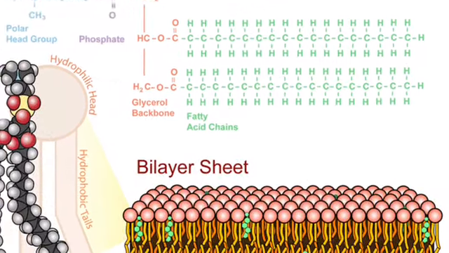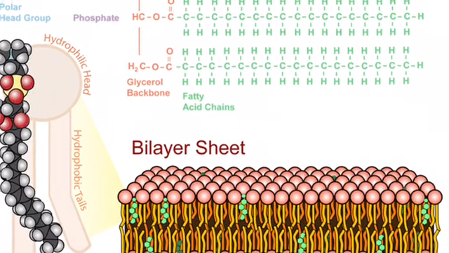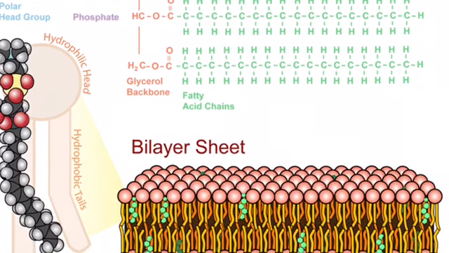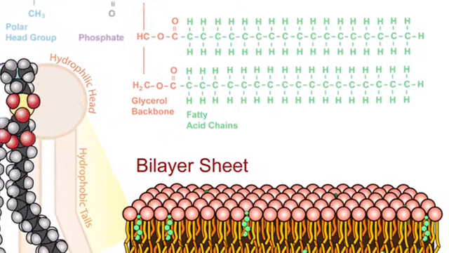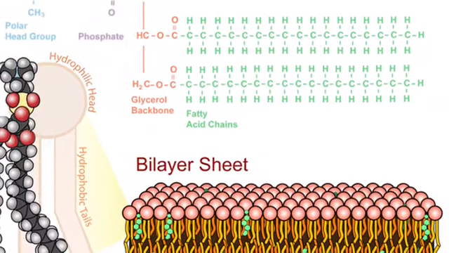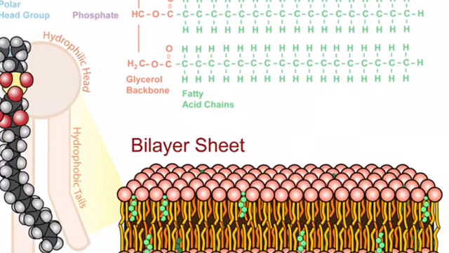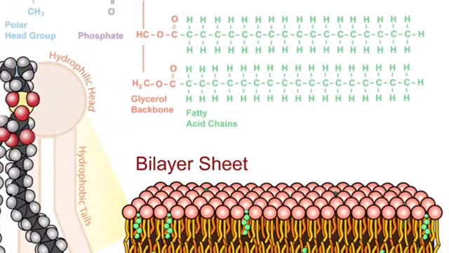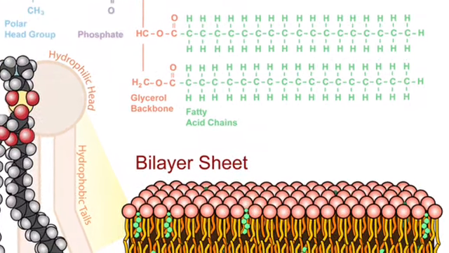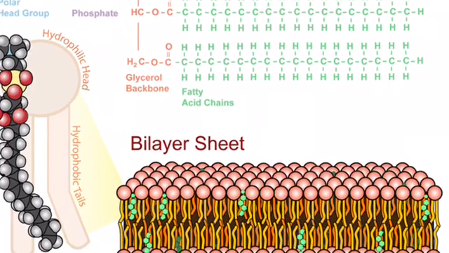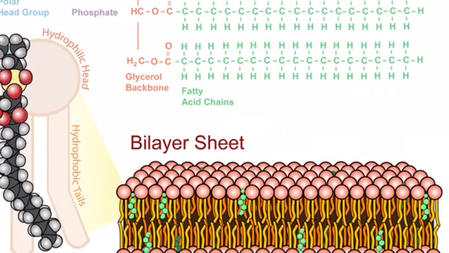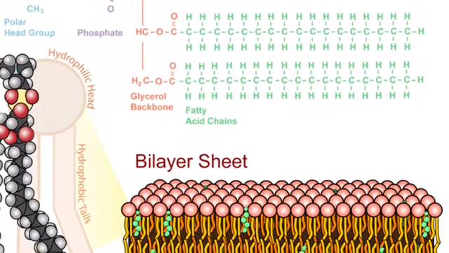Cholesterol is responsible for altering the fluidity of the plasma membrane. So the more cholesterol that you have in the plasma membrane, the less fluidity you're going to have, so the less movement you're going to have in cells as a result of having a lot of cholesterol. And then in reverse, the less cholesterol that you have in your plasma membrane, you're going to increase the fluidity, which means that you're going to have more movement in the cells.